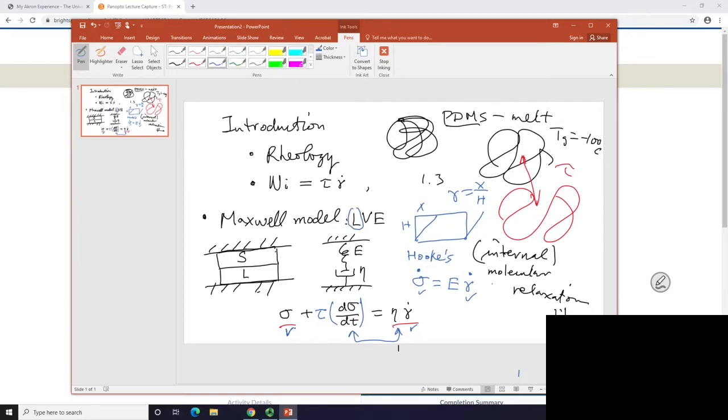It turns out this tau, if you work it out, in fact, I had this Maxwell model recorded and uploaded to the website, to Brightspace actually, just for your purpose. That has a little more details, but this is good enough. And it turns out this tau is nothing but eta divided by E, viscosity divided by modulus.